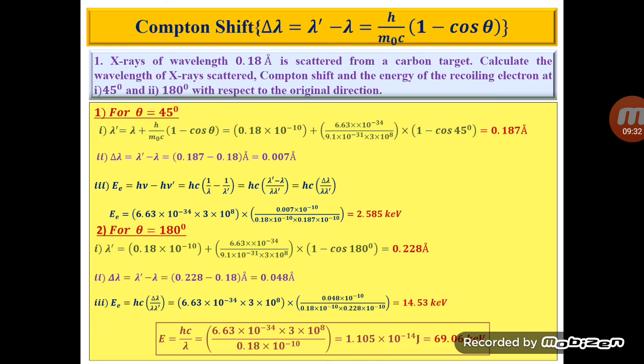Now, let us calculate the energy of the incident photon using the relation E is equal to hc by lambda. And that is found to be 69.06 kilo electron volt. And if you compare this value with the energy of the recoiling electron for theta equal to 45 degrees or theta equal to 180 degrees, it is clear that the energy transferred to the electron is always less than the energy of the incident photon.